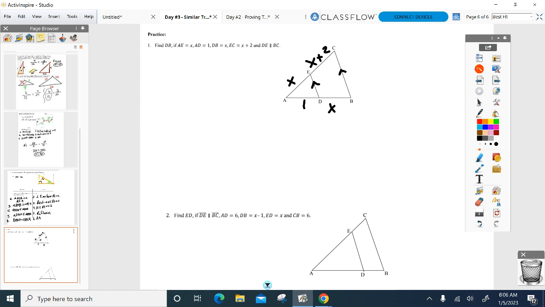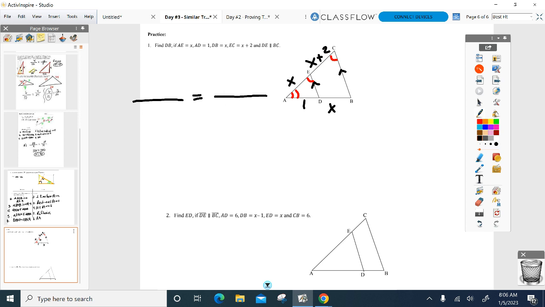All right, real quick before we do anything, finding DB. Everyone see why I gave you parallel lines, correct? What type of angles were those called back in the day? Corresponding. And then everybody see how both the little triangle and the larger triangle share angle A. So the triangles are similar. That means if the triangles are similar, sides are in proportion.